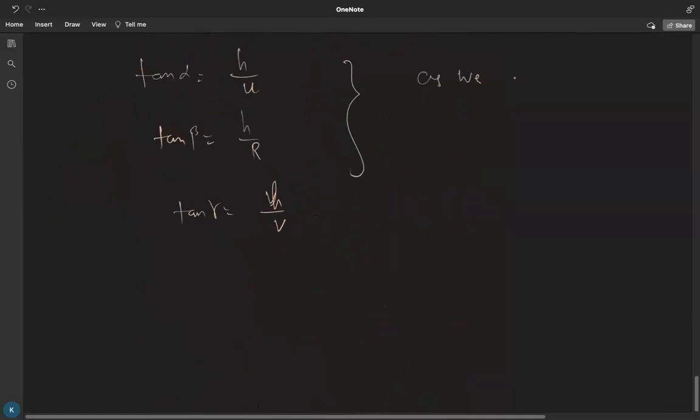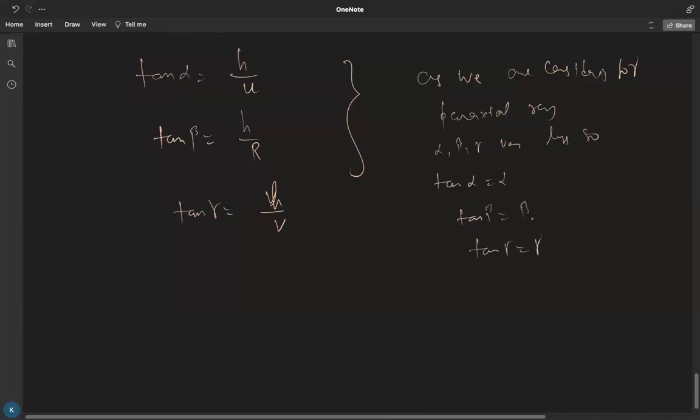As we are considering a paraxial ray, when alpha, beta, gamma are very small, tan of alpha is equal to alpha, tan of beta is equal to beta, and tan of gamma is equal to gamma.